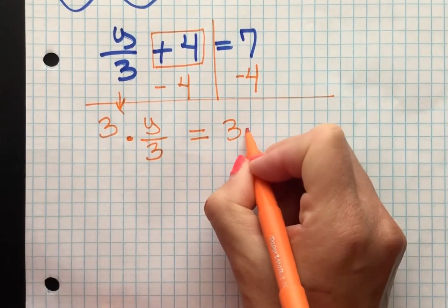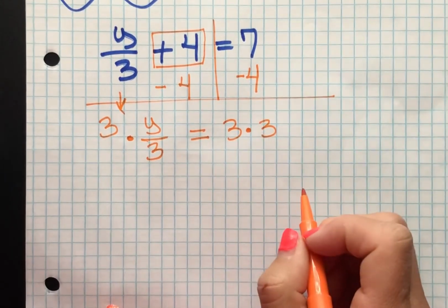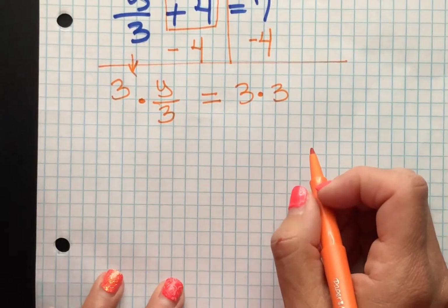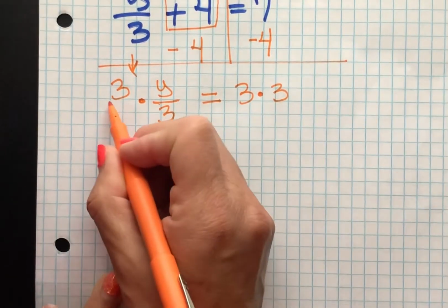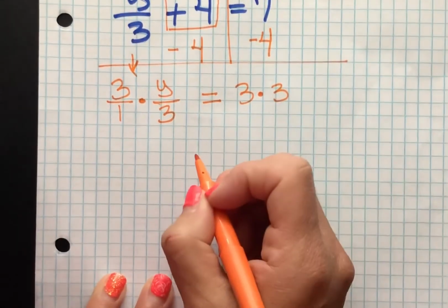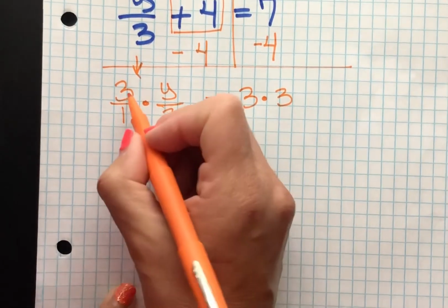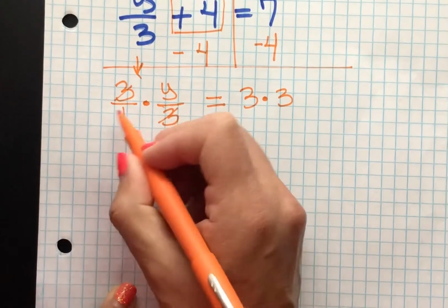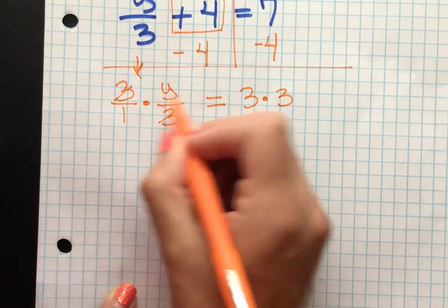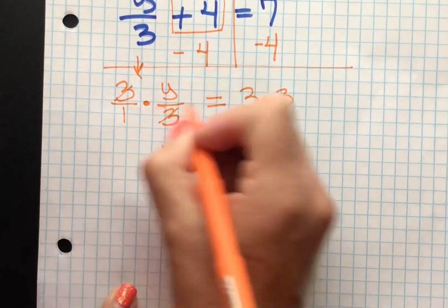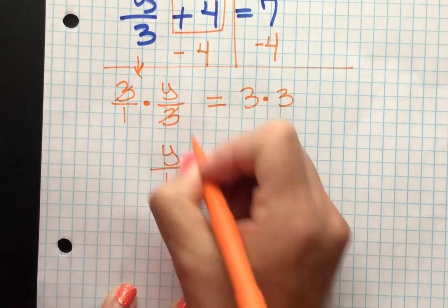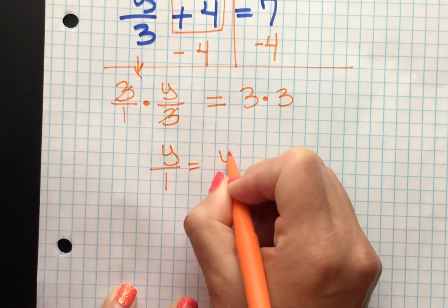So over here, you need to multiply by 3. Okay, well, when we multiply, remember we can add a 1 to any whole number as a denominator. Doesn't change the value. So we cross cancel here. We're just left with y. We would be left with y over 1, which basically equals just y, okay?